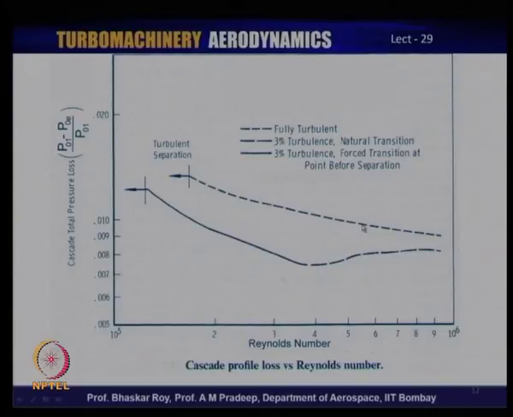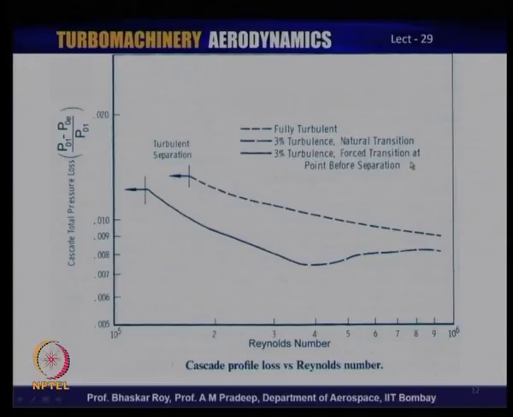So, turbulent flow has a higher loss characteristic, which is friction loss basically, but normally you gain in terms of wake loss. And then of course, the 3% turbulence, which is after the natural transition, and then this is what happens if you have a 3% turbulence, which is forced transition.